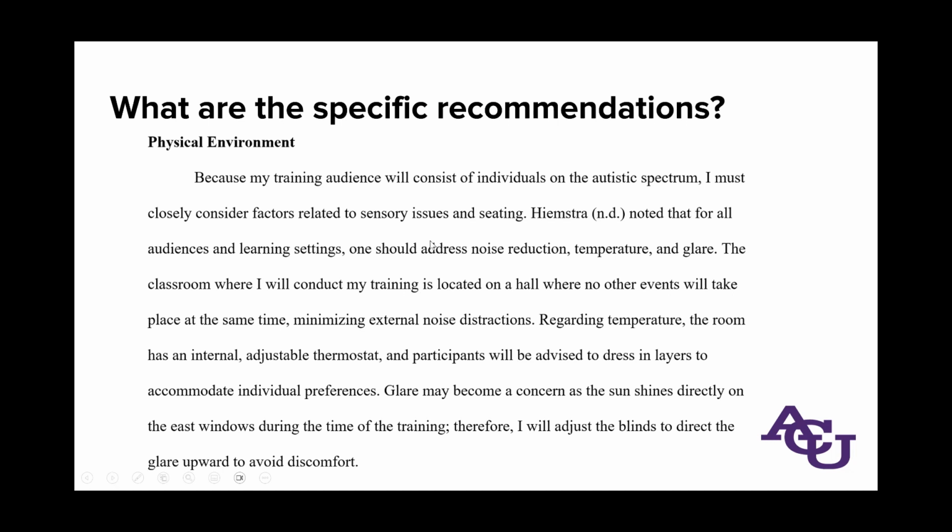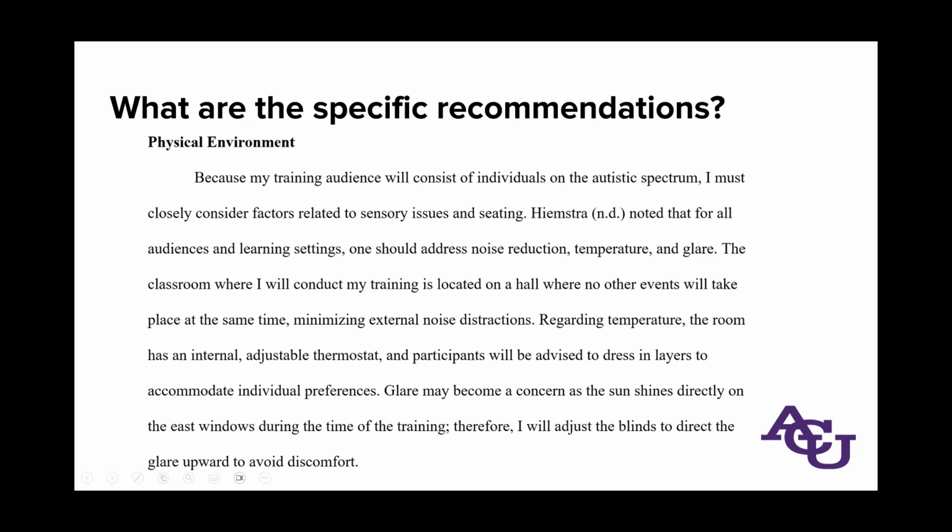So after I explain the recommendation, I'm going to go through and apply that directly to my setting. So here's what I wrote. The classroom where I will conduct my training is located on a hall where no other events will take place at the same time, minimizing external noise distractions.